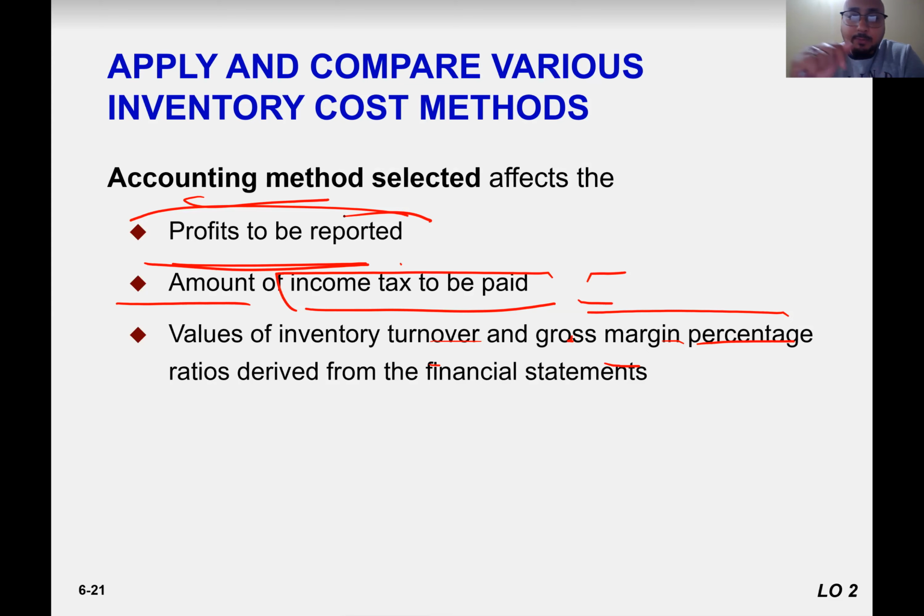It means I will be choosing that costing method which will give me the highest cost, so that my profit looks lower on the books, and I show to the government, look, my profit is lower, and please, that's why my taxes are lower, because nobody wants to pay higher taxes.